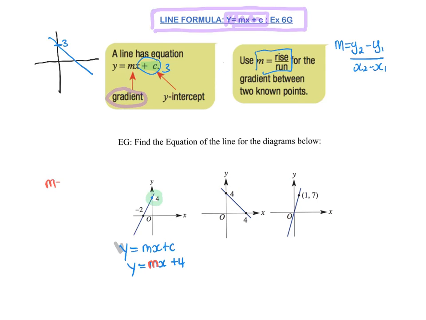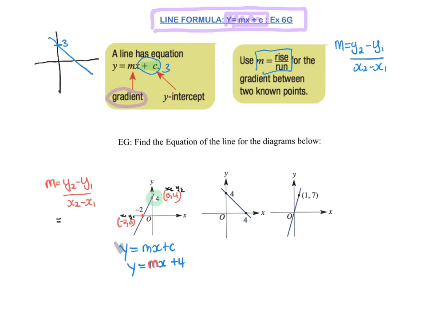So I might use the gradient formula, y2 minus y1 over x2 minus x1, and I might use these 2 points. So this point here, when it crosses the x-axis, is negative 2 and 0, and this point here is 0 and 4. So if we label them up, I'm going to call that one x1, y1, x2, y2.